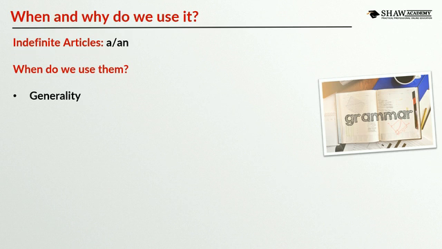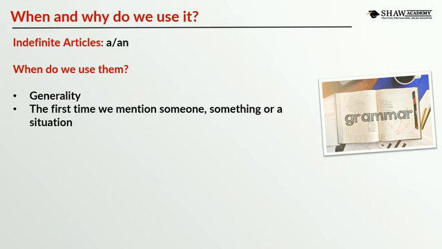So first of all, we use them for generality. So nothing specific. I need a car. Not any specific type of car like Ferrari or Lamborghini, just I need a car. Okay, general, for generality. The first time we mention someone, something, or a situation.